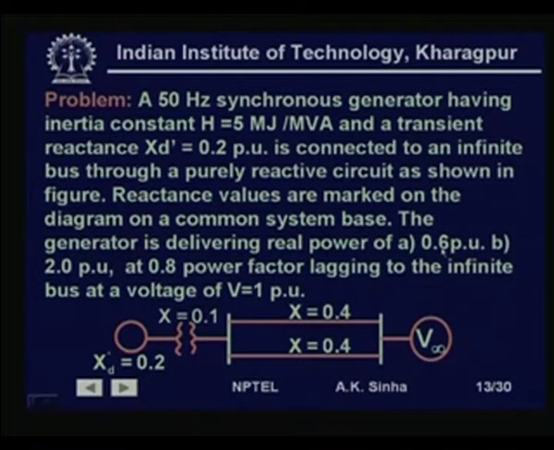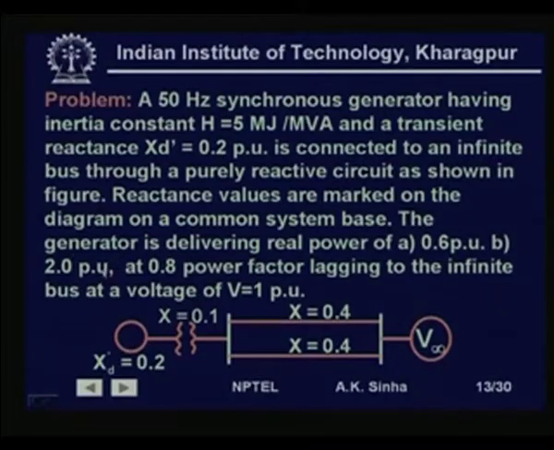One, when the system initial operating point is 0.6 per unit, that is the electrical output from the generator in steady state is 0.6 per unit, and the second condition when we have the initial operating point where the generator is delivering 2 per unit power.